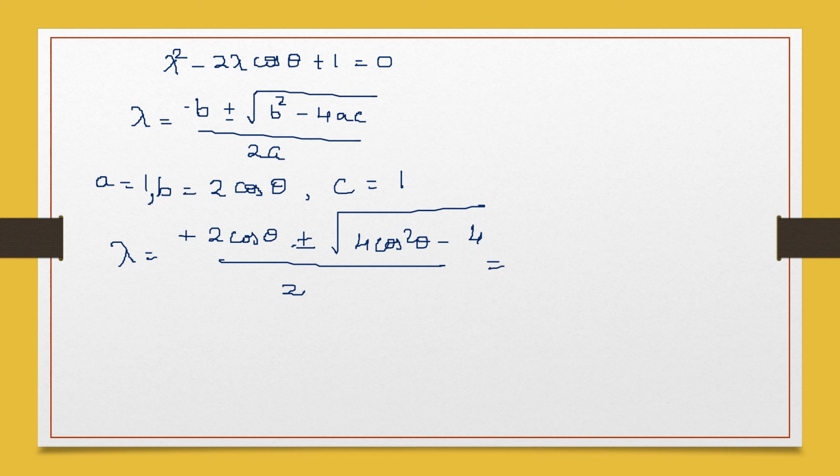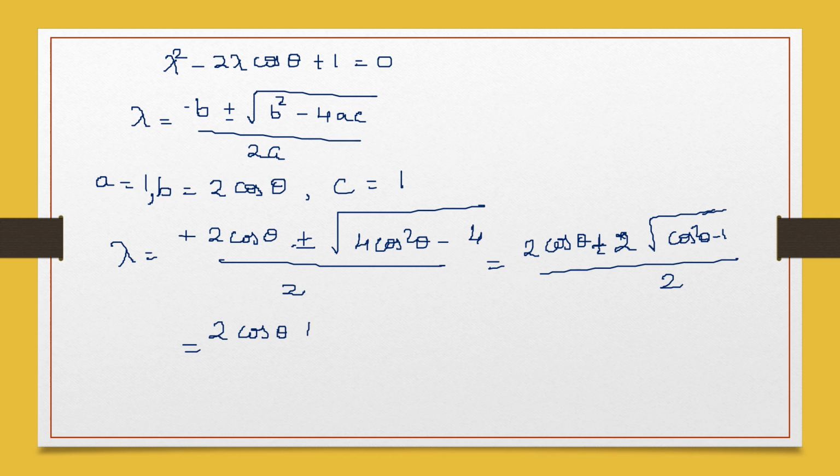So it can be simplified as 2 cos theta plus or minus, 4 is common, I can take it out as 2, root of cos square theta minus 1, divided by 2. So cos square theta minus 1 is nothing but minus sin square theta. So 2 cos theta plus or minus 2 i sin theta divided by 2.